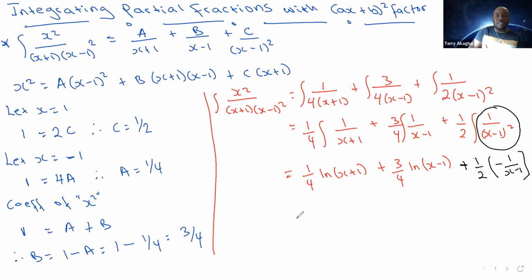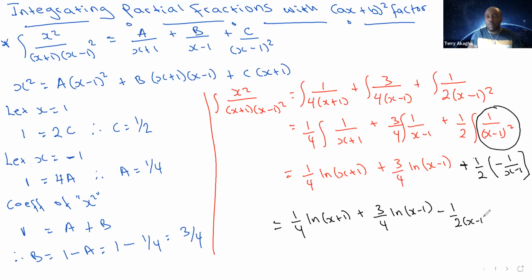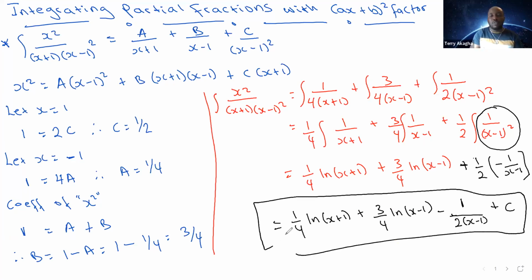So that means the final answer is going to be 1 over 4 ln x plus 1 plus 3 over 4 ln x minus 1 minus 1 over 2 times x minus 1, plus c. And that is the answer for this question.